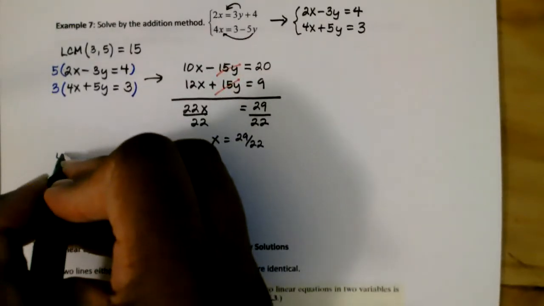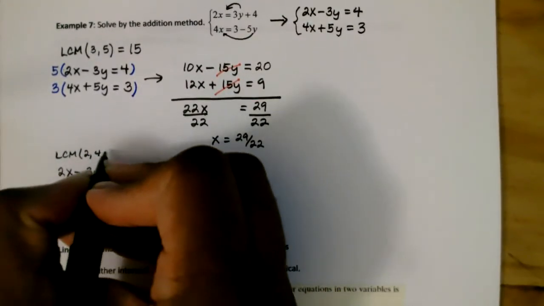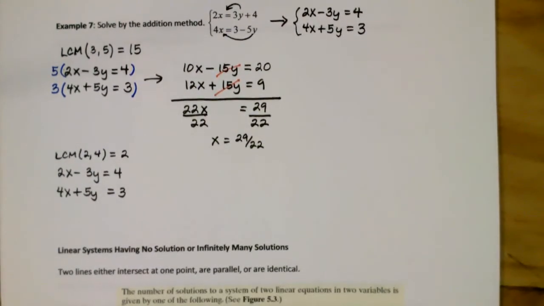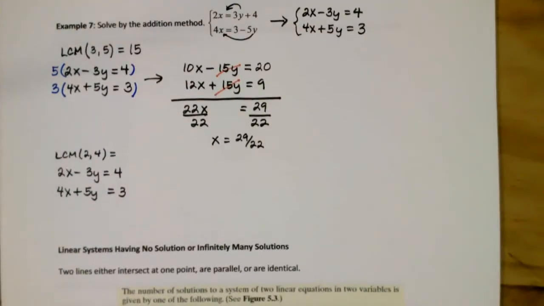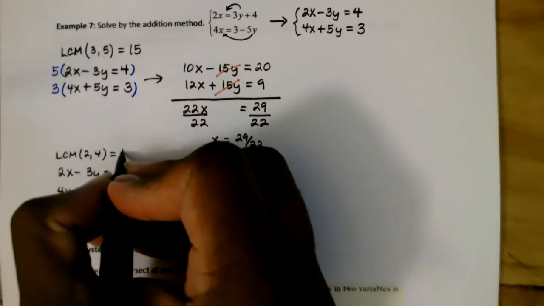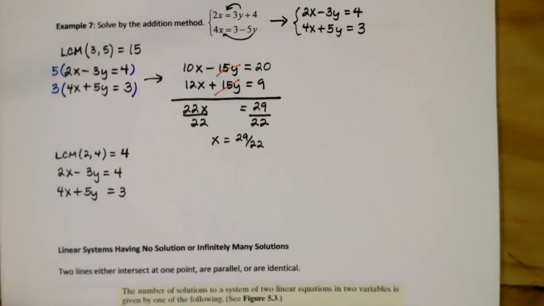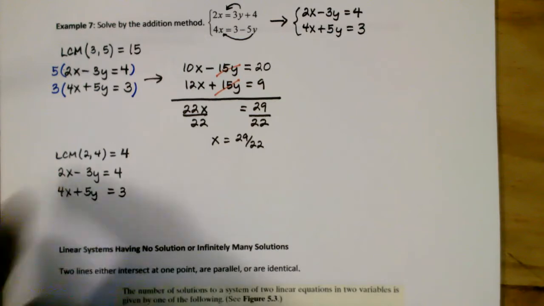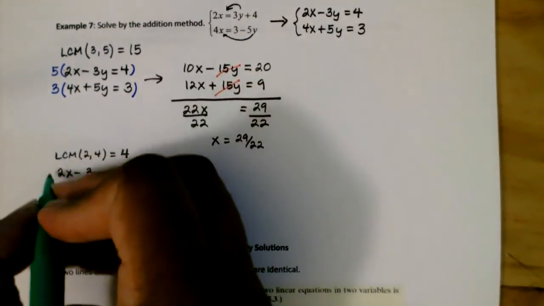Well, we need a least common multiple of 2 and 4. And that's going to be easy because it's going to be 4, because 4 is divisible by itself and 4 is divisible by 2. So in this case, if I want that 2x to be 4x, I need to multiply that top equation by 2.